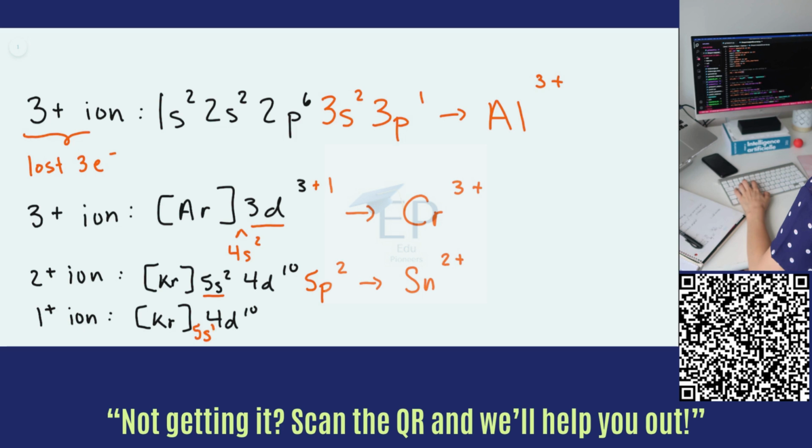So this means it must have lost its 5s1 electron, okay? Now we also have to take care here because if it only had one 5s electron to lose, that means that the second 5s electron must have been donated into that 4d subshell to make it full.